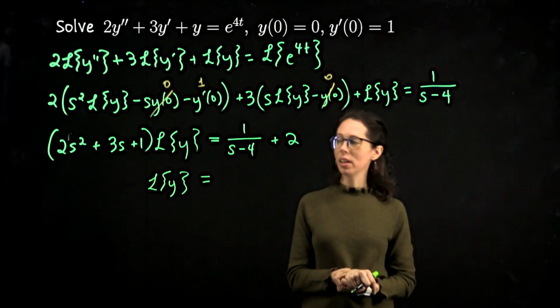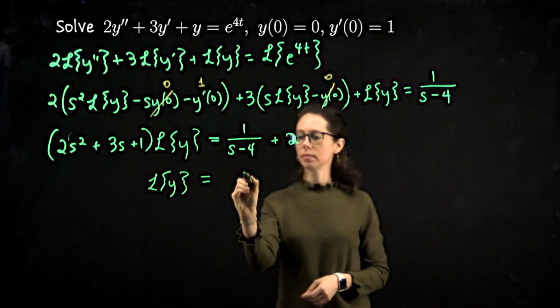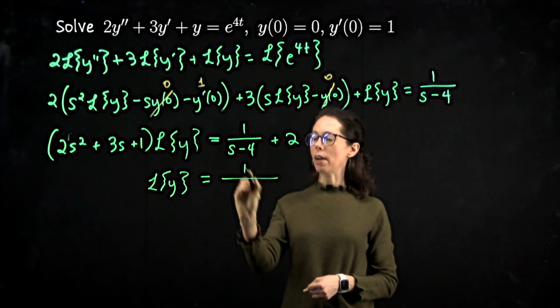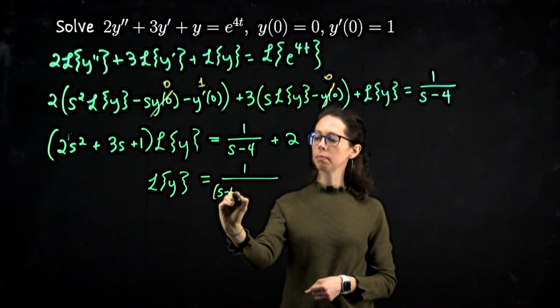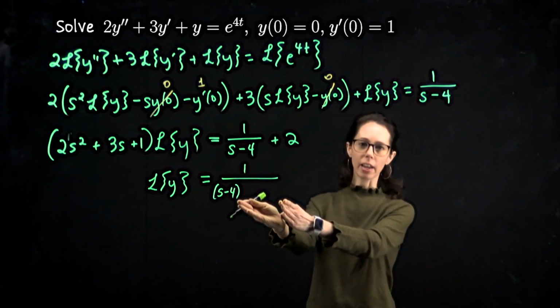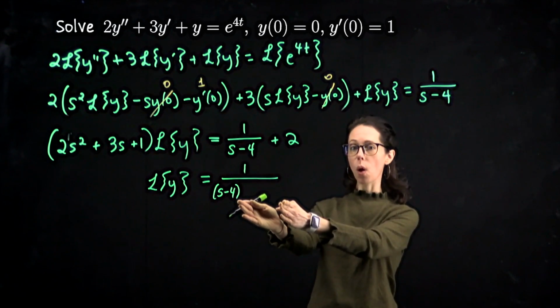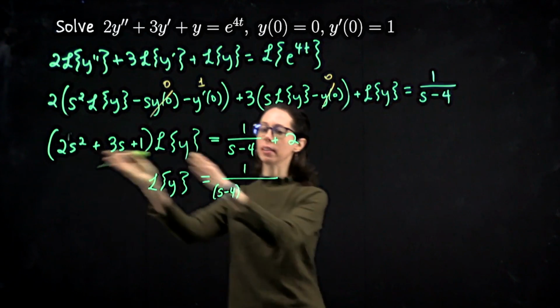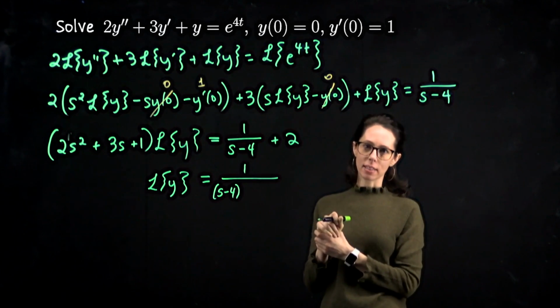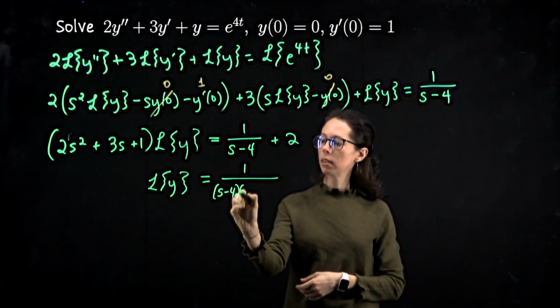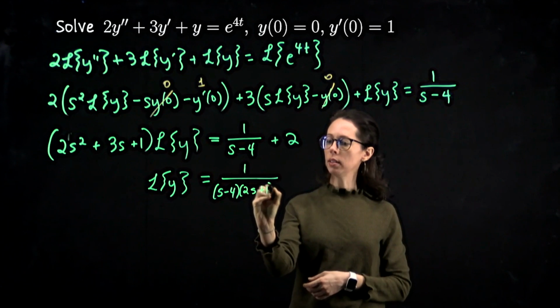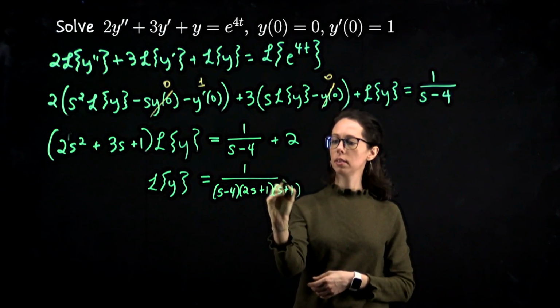And as I do so, I'm going to factor this. So we have 1 over s minus 4. And then down here, I could multiply this in the denominator by 2s squared plus 3s plus 1, so that I'm dividing this over. But that actually factors perfectly. So let me write 2s plus 1 times s plus 1.